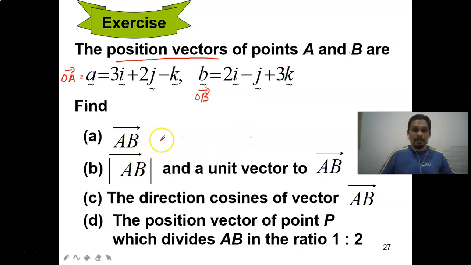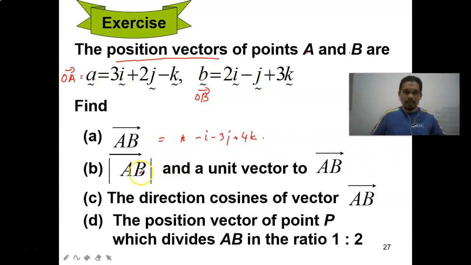If I give you AB here, try to find it out by yourself. It is going to give you negative i minus 3j plus 4k.